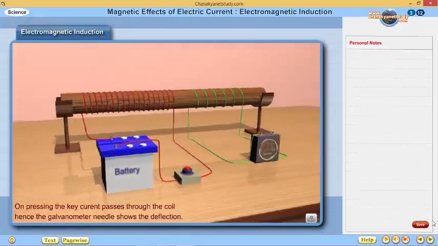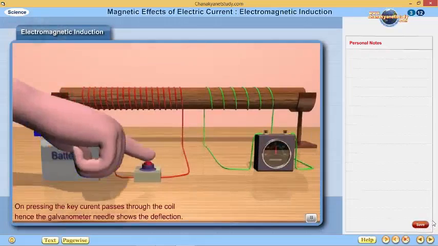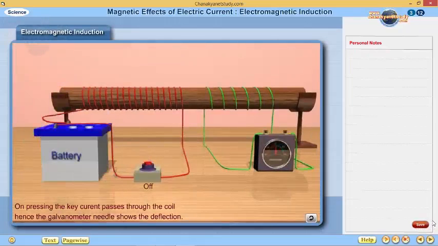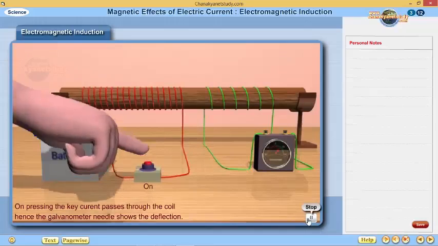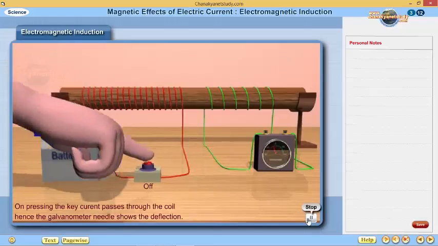If the current in the coil reaches either steady value or zero, the galvanometer connected to coil 2 shows no deflection. Thus, potential difference is induced in the coil 2 whenever the electric current through coil 1 is changing.